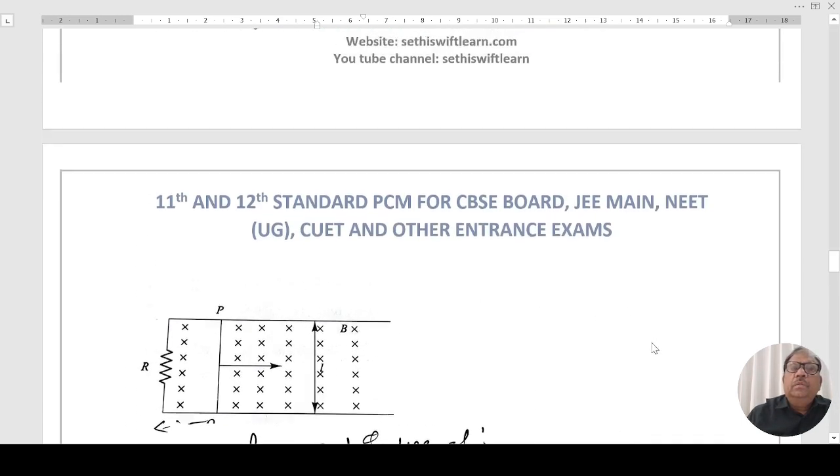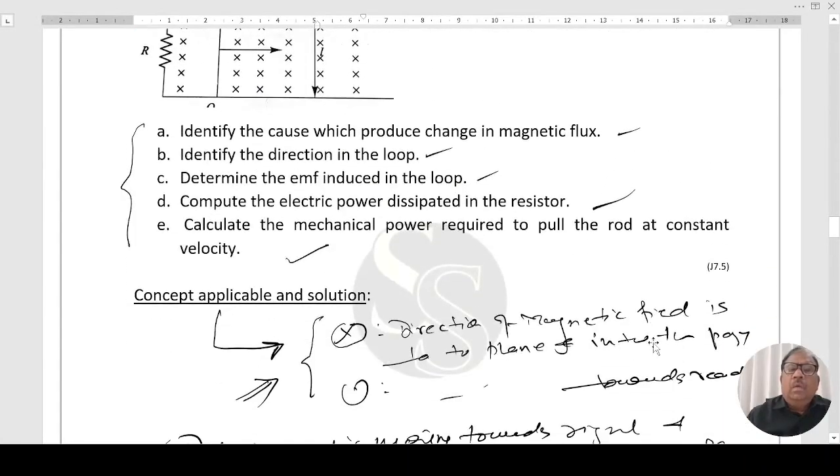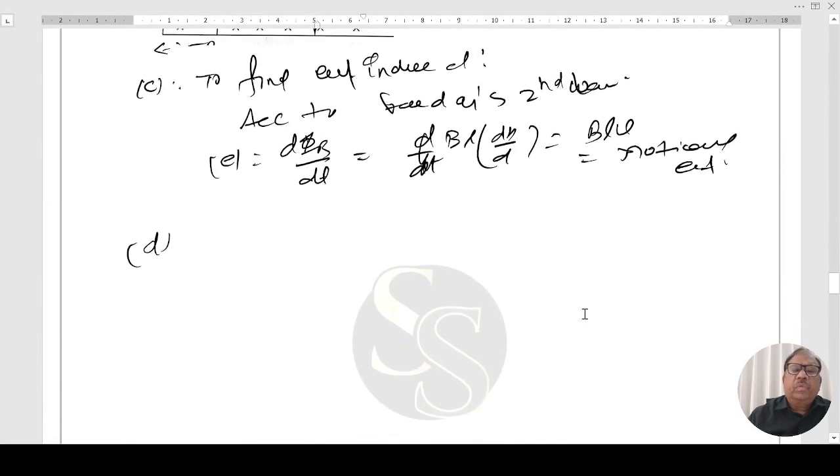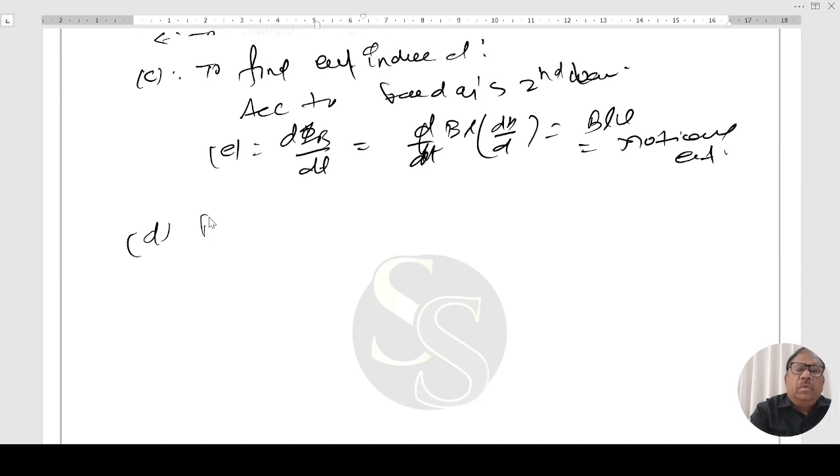Next part is to find the electric power dissipated in the resistor.